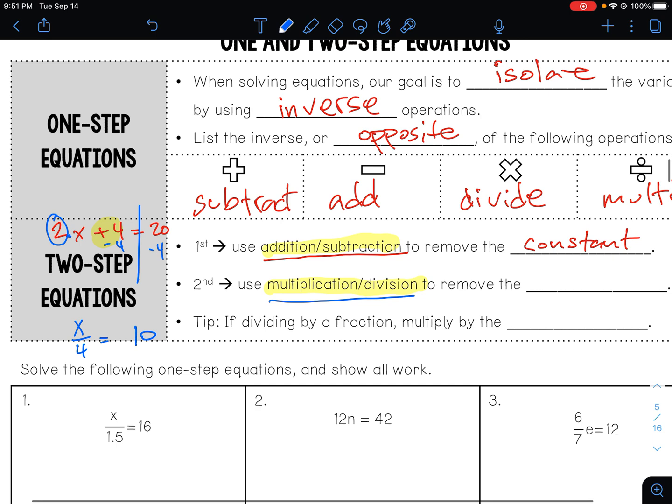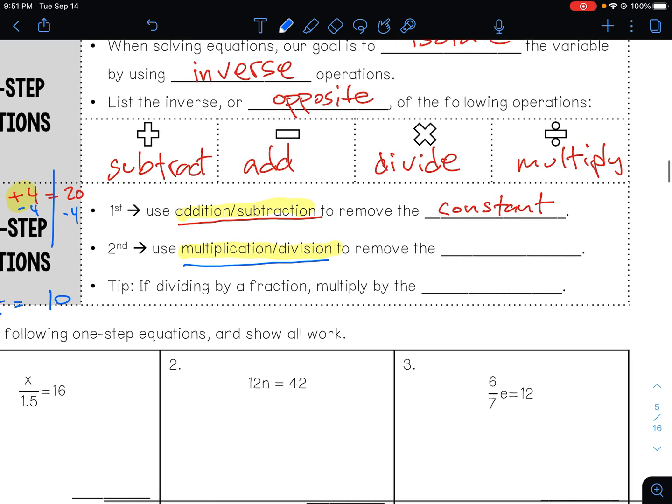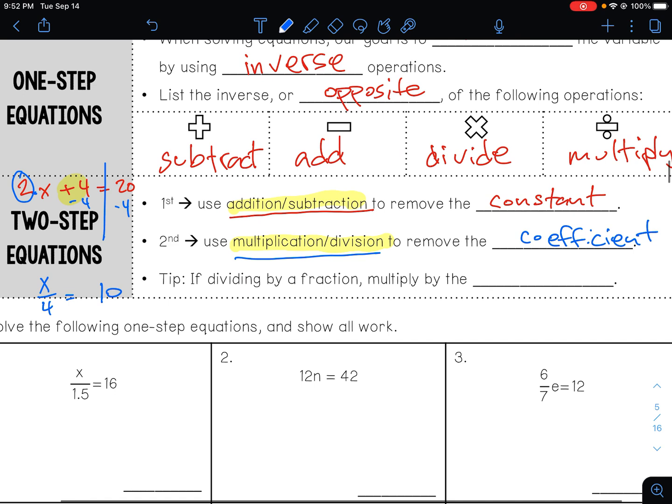Do the opposite of that, which is multiplying by 4. So use multiplication or division to remove the coefficient. Remember, the coefficient is just the number that is being multiplied or divided with the variable.